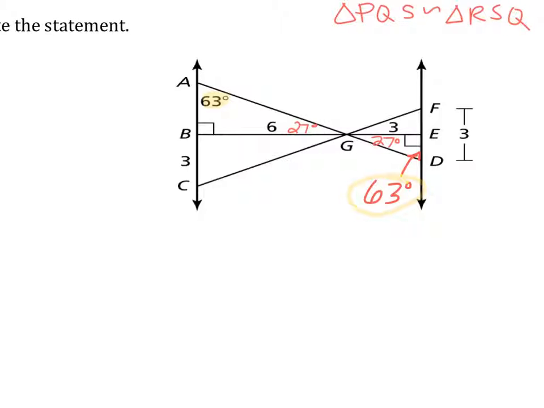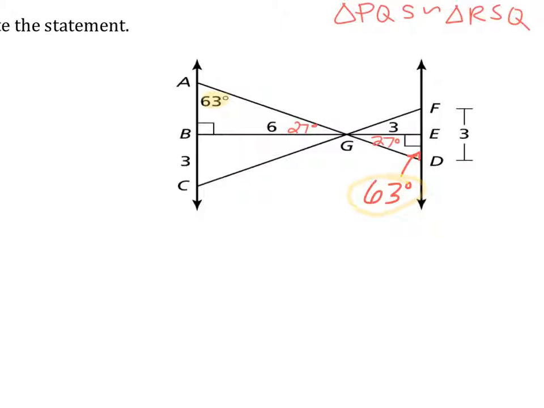That works. What's another thing that we could do? Yes, but they're not a part of these two bigger triangles. They're inside of it. What about these triangles? Are they congruent? Vertical angles. Okay.